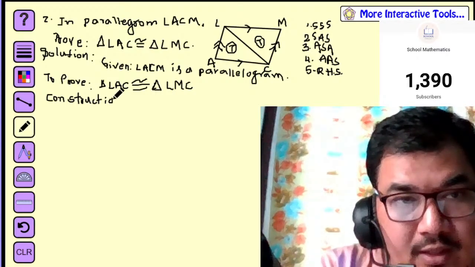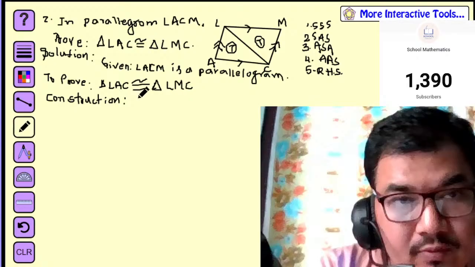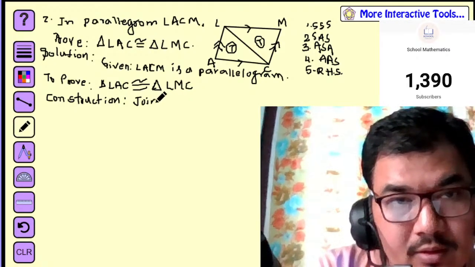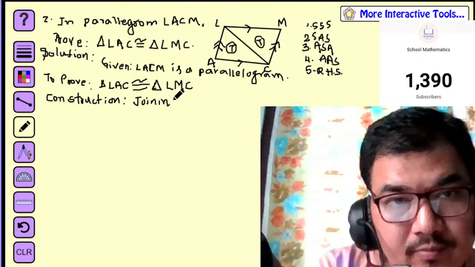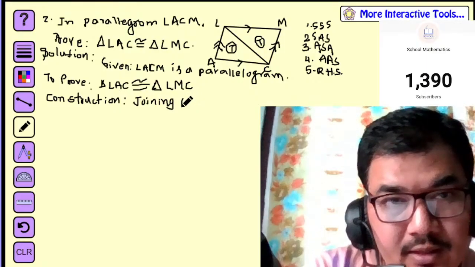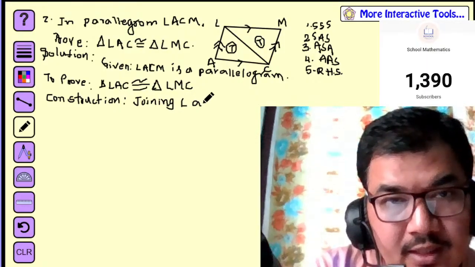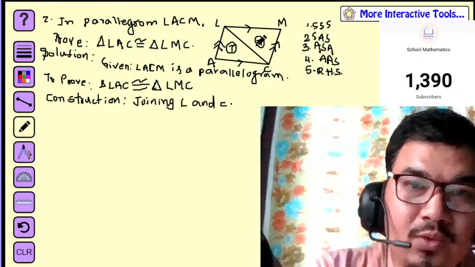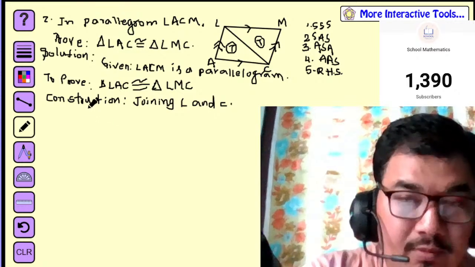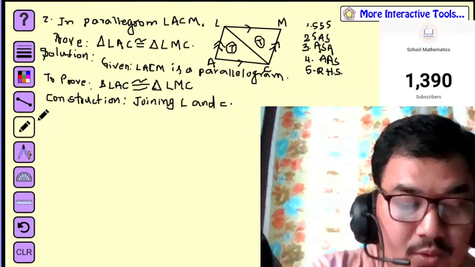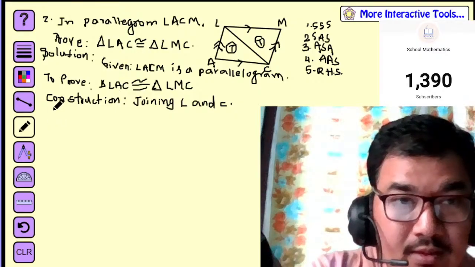In construction we have to join L and C. Right here, joining L and C. Then we get two triangles, and those two triangles we are going to show congruent. Okay, then write a proof.